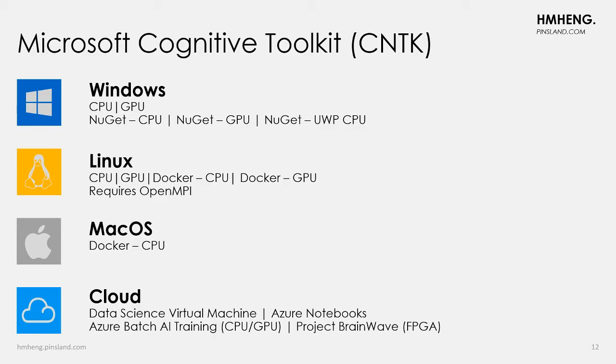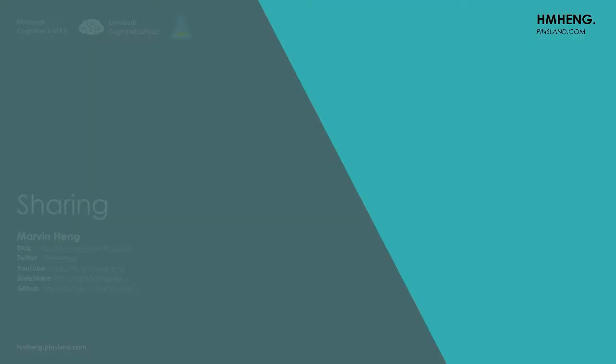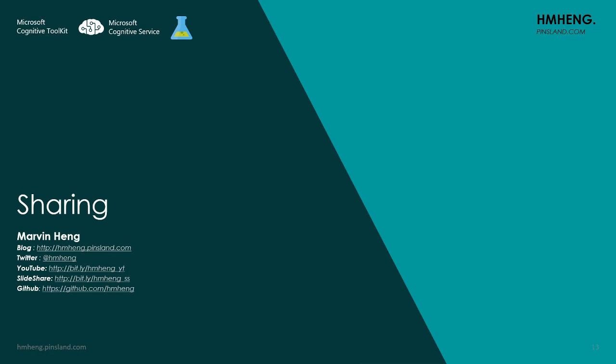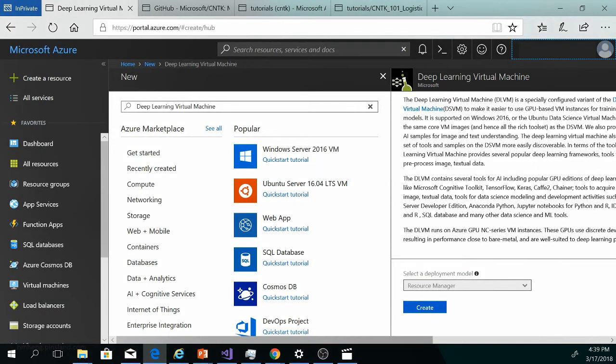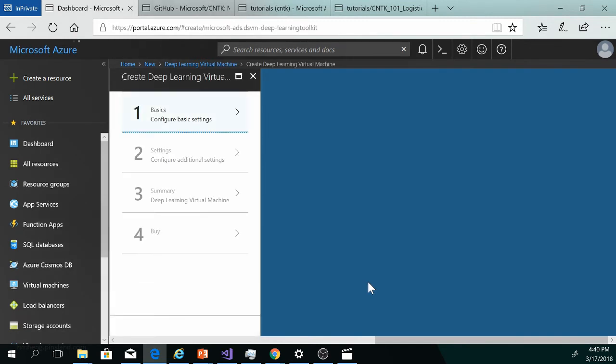All right. So let me share these few things today. I would like to show you these deep learning virtual machines, which you can create directly from the Azure portal. So you can search for deep learning virtual machine, then hit create.